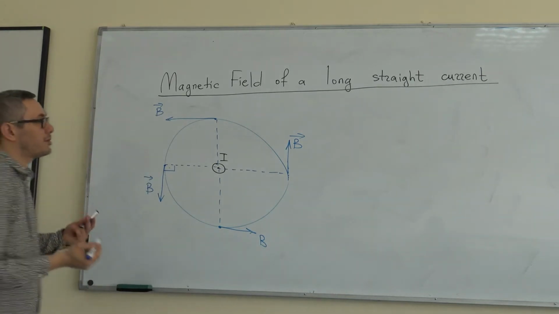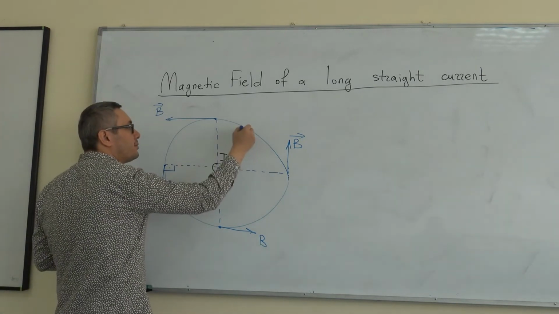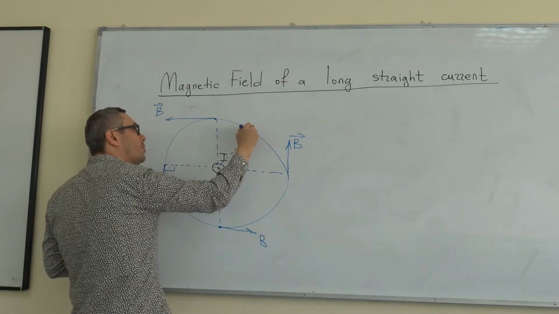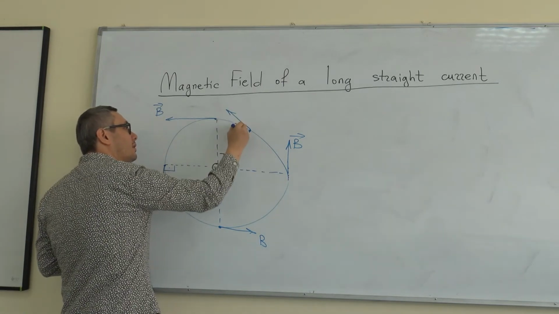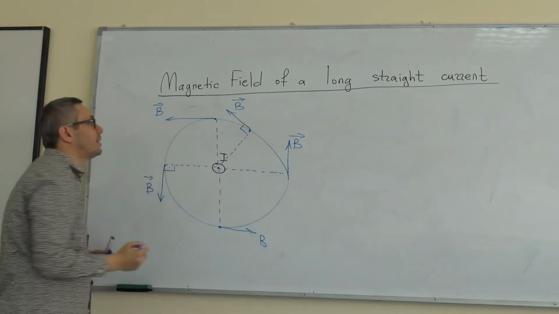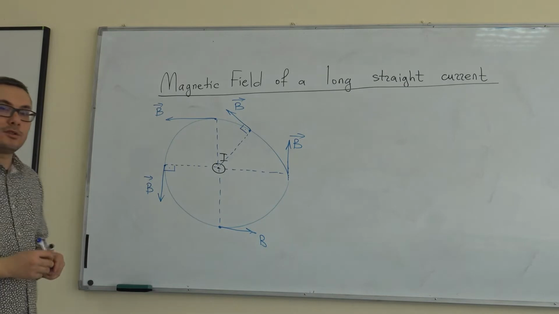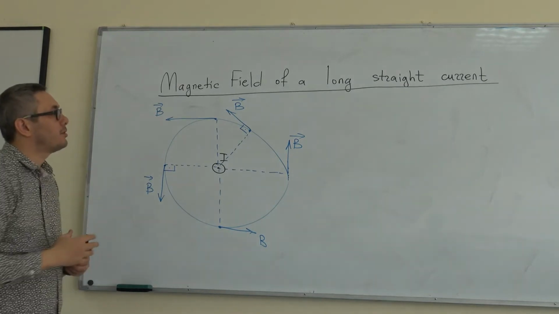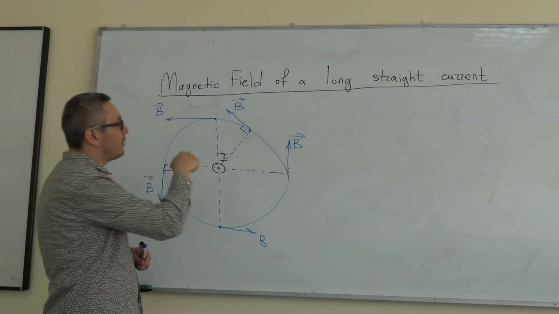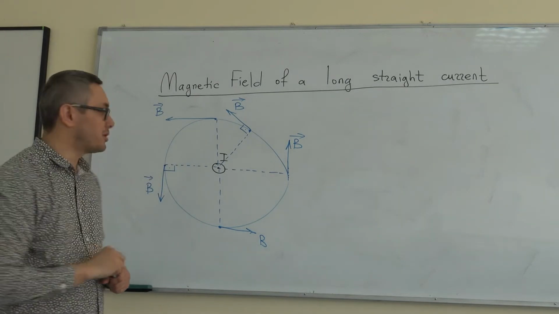Now, in principle, of course, you can find any intermediate point, like for example here. Then you just have to draw a tangent line to the radius, and this is your magnetic field at that point. So this is how the magnetic field lines will look if you look from the top and the current is flowing towards you.